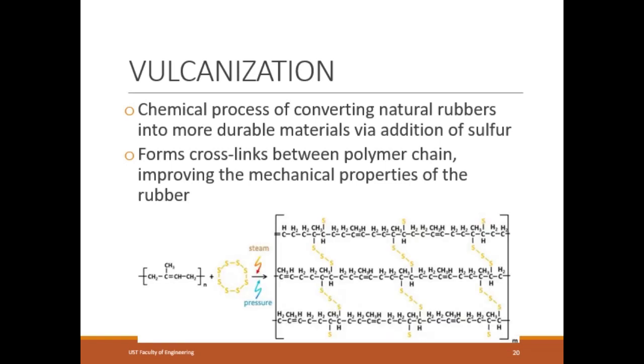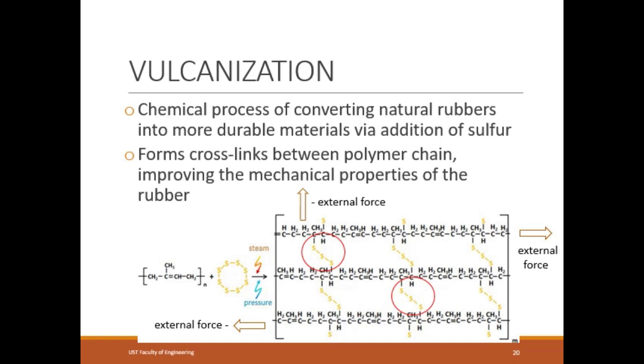Natural rubber without vulcanization would lose most of its elasticity when strong external force is applied to it, as the individual chains would easily slip past one another. Now, because of cross-linking, the rubber material cannot easily be ruptured because of the presence of sulfur that holds together these individual chains.